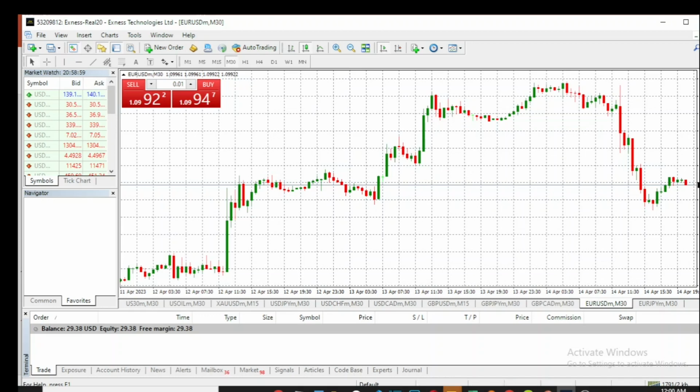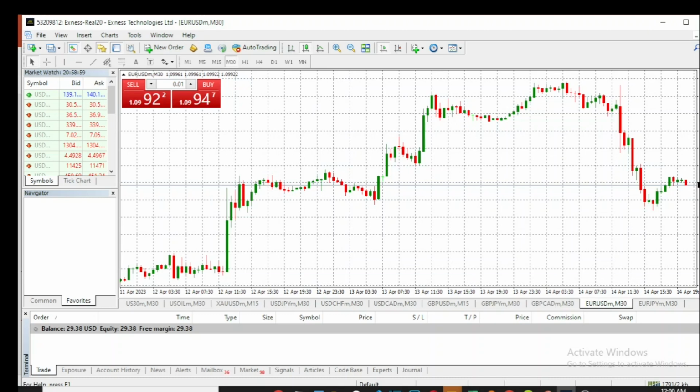If it moves in your direction, that will be a profit of $10. If it moves against you, you'll make a loss of $10. If it moves 2 pips, you'll make $20. 3 pips, $30. That is if you're trading a standard lot.